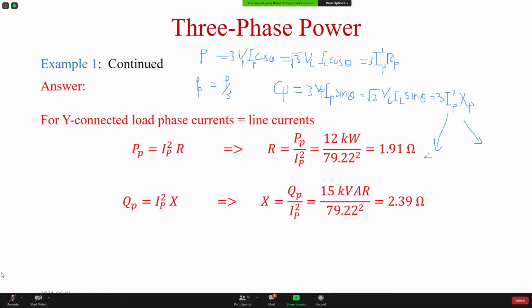Q can be positive, can be negative. If it's positive, we call it inductive Q. If it's negative, it means capacitive. If you want Q per phase, it's Q divided by 3, because we're only doing balanced systems.